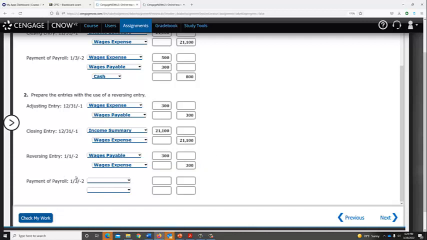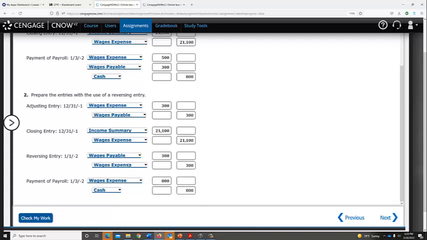And now it's time to pay the $800 in payroll. So since we've reversed, all we do is our typical payroll entry where we debit payroll wages expense and credit cash for the 800.